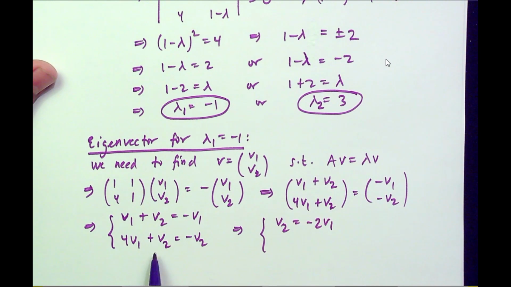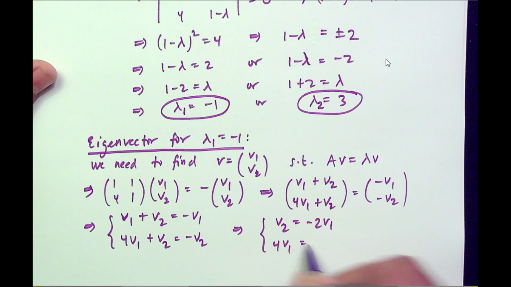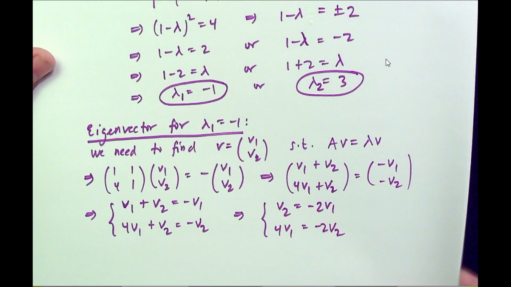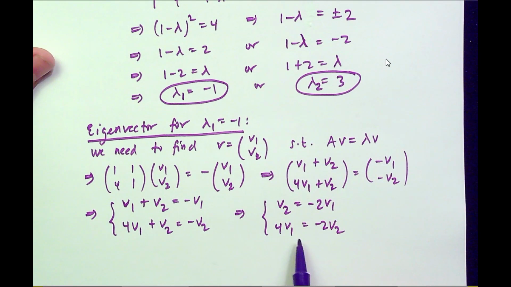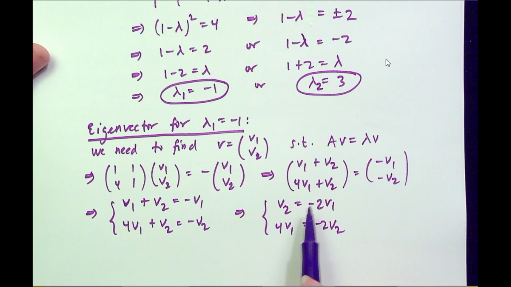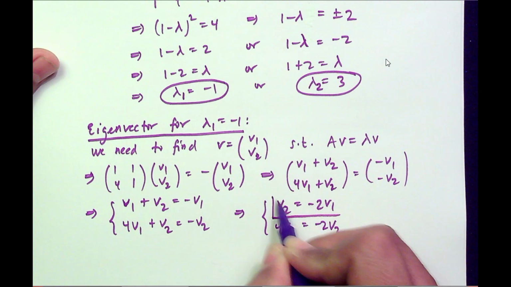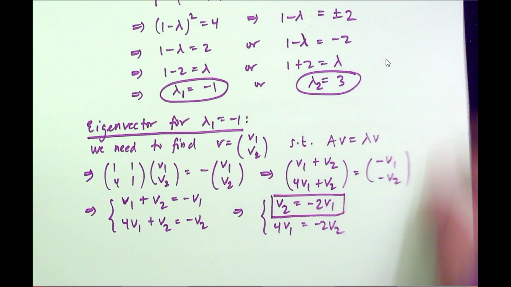And if you were to move this V2 to the other side, you would get 4V1 equals negative 2V2. And you see that if you divide this second equation by 2, you would get exactly this one. It's written backwards, but you get the same thing. So that is the relation between V1 and V2.